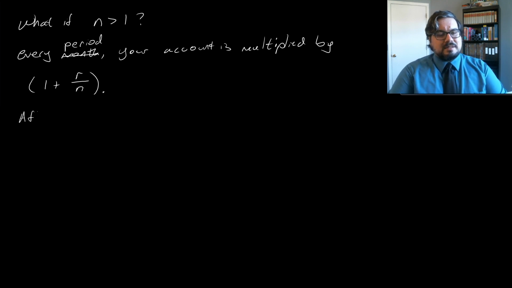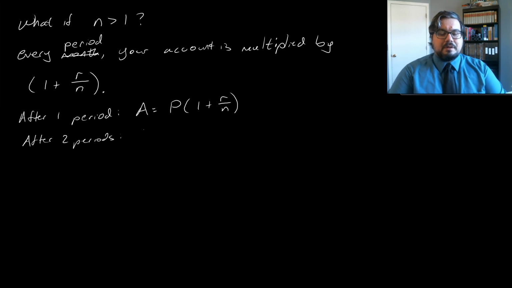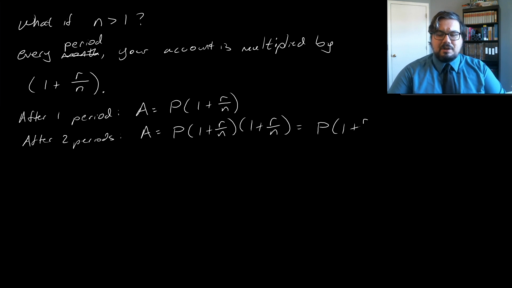So what this means is that after one period, the amount in your account is equal to your principal times 1 plus r divided by n. Then after 2 periods, the amount is equal to p times 1 plus r over n times 1 plus r over n, which is p times 1 plus r over n squared.